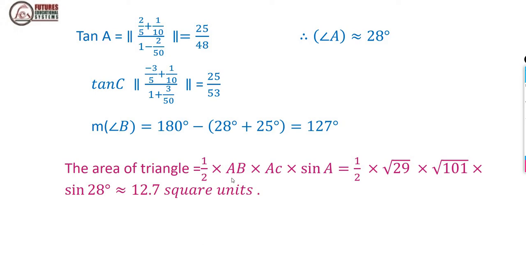We know the area of any triangle equals half the product of two sides multiplied by the sine of the angle included between the two sides. Therefore, half times square root 29 times square root 101 times sine of the included angle 28.